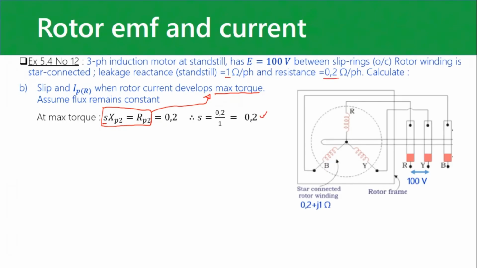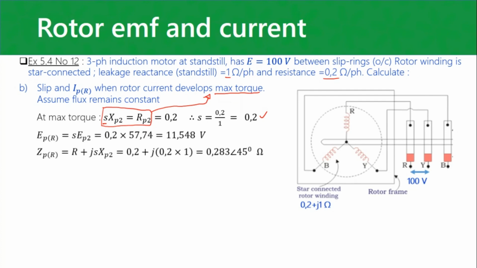So you see, if they give you any other condition, you must use that to work out the slip. And it'll be this one, maximum torque. So now you do exactly what you did in part A, just with a different slip. That's all you do. So S times EP2 this time. We've worked it there. And then R is constant, but this time we have to use our S times XP2.